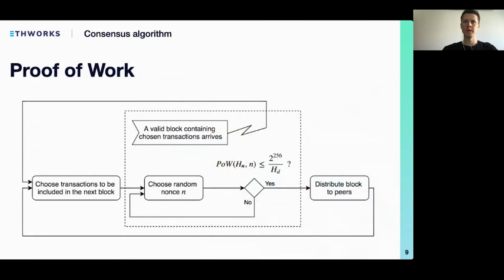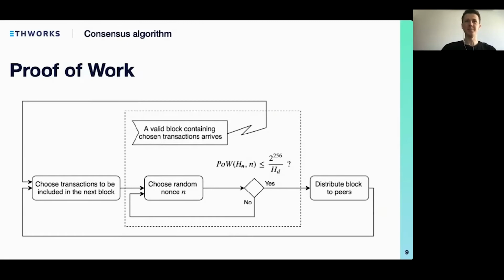An algorithm that was proposed by Satoshi Nakamoto in the original Bitcoin white paper is proof of work. And this is essentially what we use up until now in many blockchains. In this slide, I'll try to briefly explain how proof of work works technically.